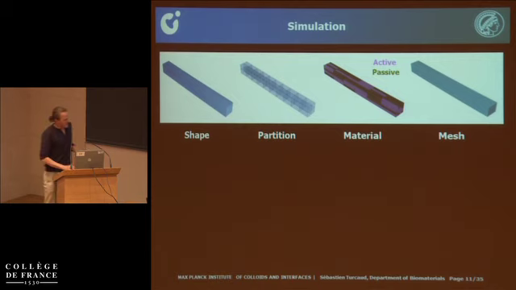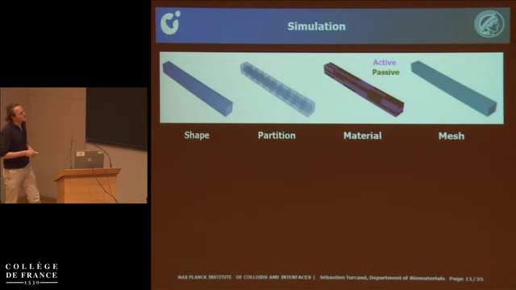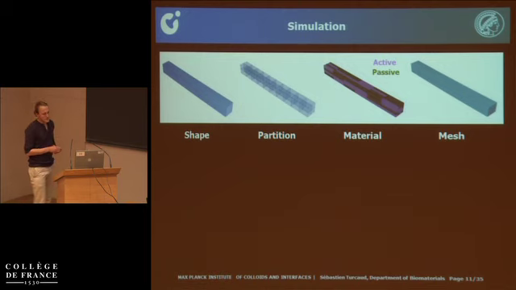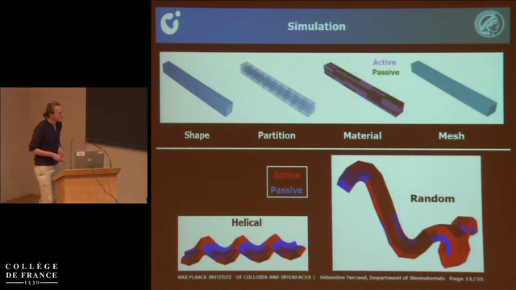So I wrote an algorithm that enables us to explore the space of shape changes. For example, using a simple square cross-section, cutting it into a couple of domains, assigning some materials to it using a different assignment algorithm, meshing it, and using finite element analysis to look at the deformation.